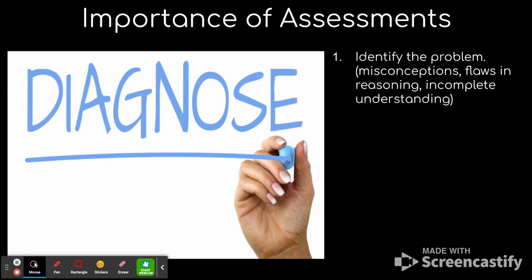So if we can already diagnose the problem ahead of time, through maybe a pre-assessment or at least on a daily basis, which we'll get into more later, that's really critical. We also find that a pre-assessment, and also the importance of formative or informal assessments, is they allow penalty-free practice before you get to that larger summative or more formal assessment.